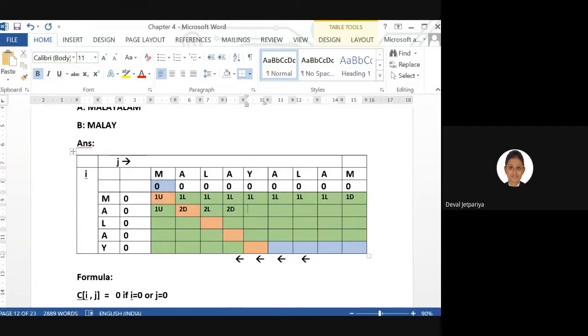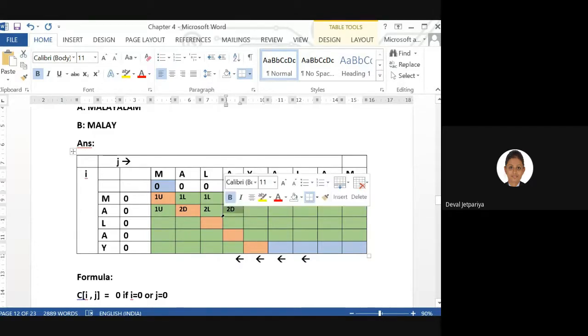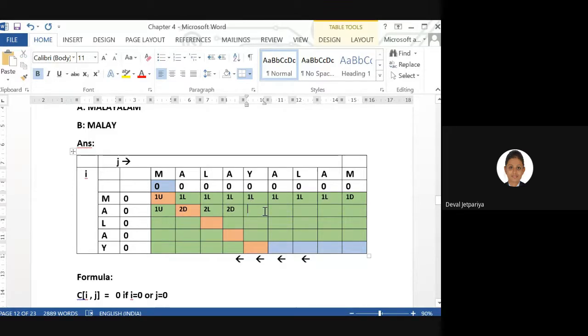Now tell me for this box, no matching, so you need to see its above value and its left hand side value. Between 2 and 1, what is the maximum? 2, and we get that with the help of the left hand side value. Now here A and A matching.